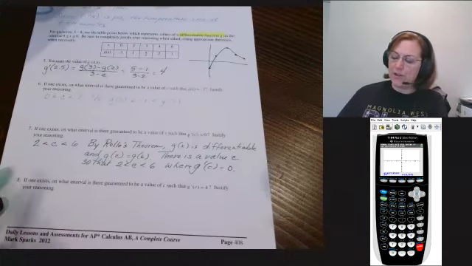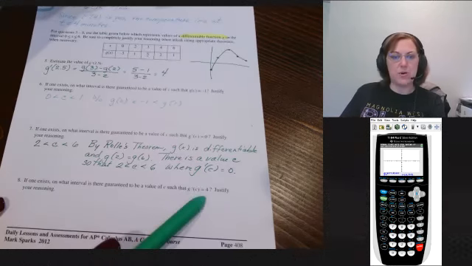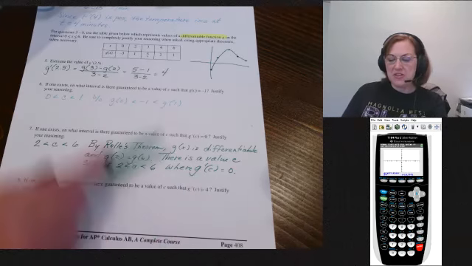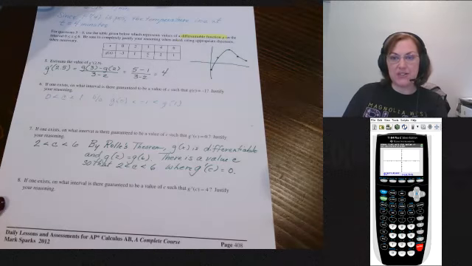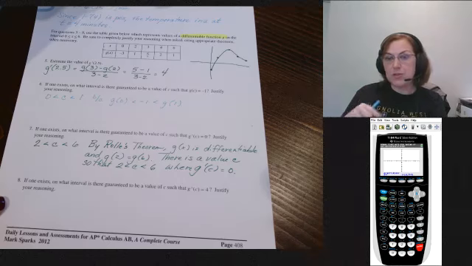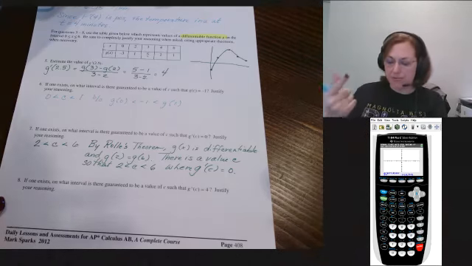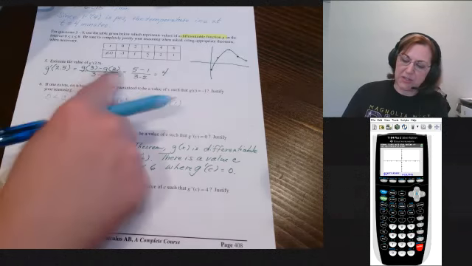Number 8. If one exists, on what interval is there guaranteed to be a value such that g prime of C equals 4? Now that 4 should ring a bell. Okay, g prime of C equals 4. Remember, mean value theorem guarantees you a value for the derivative. And what is true about mean value theorem? You've got to be continuous, got to be differentiable. And so we're going to use the interval we used here, between 2 and 3.